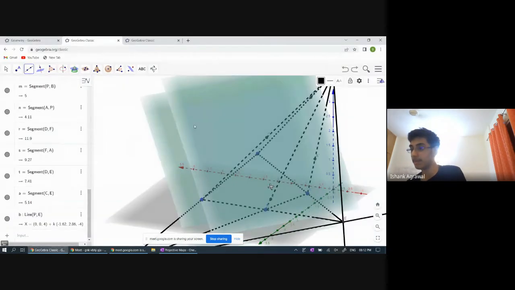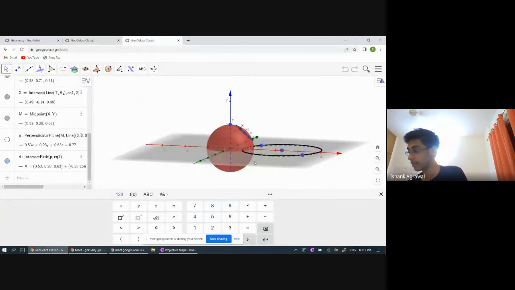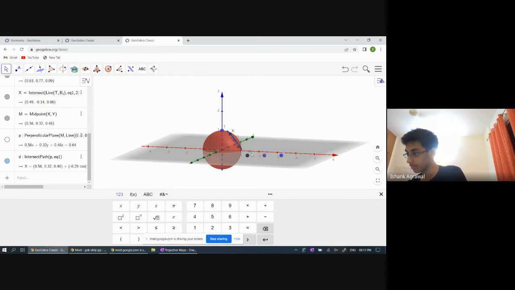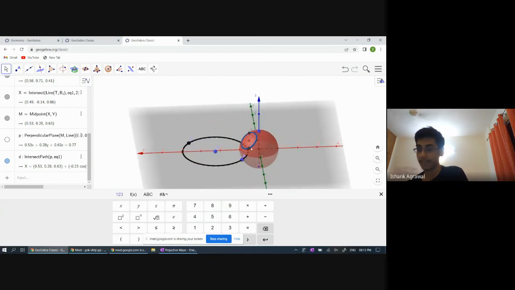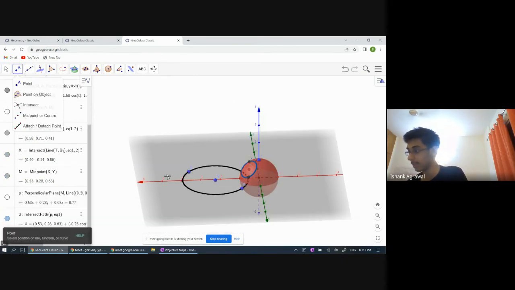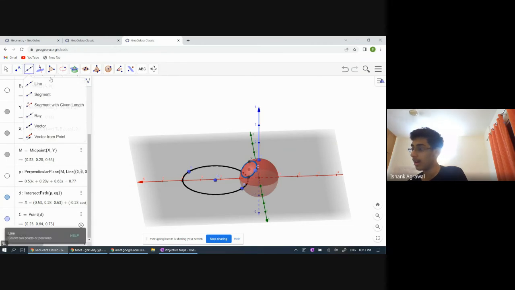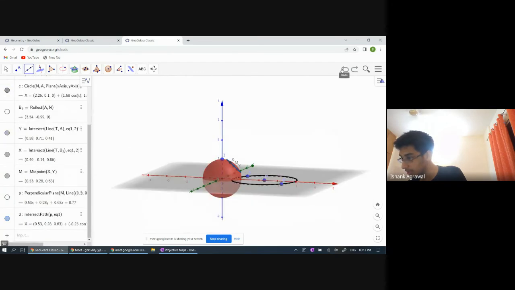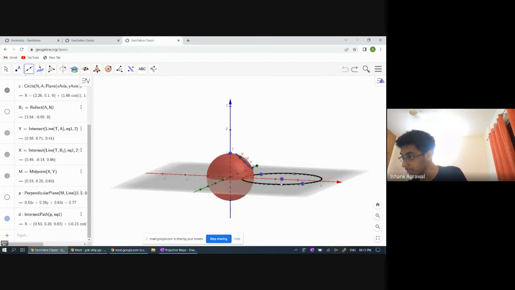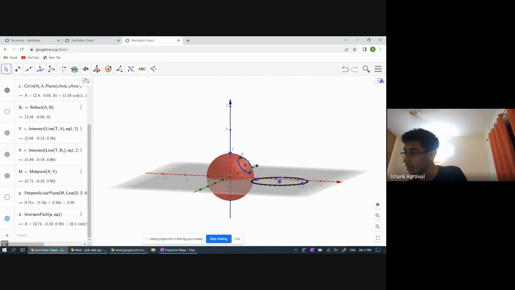And just as an example, here I do have a stereographic projection set up. And so basically, as you can see, I have taken a point on the circle. I have intersected it. Yeah, now it's working.